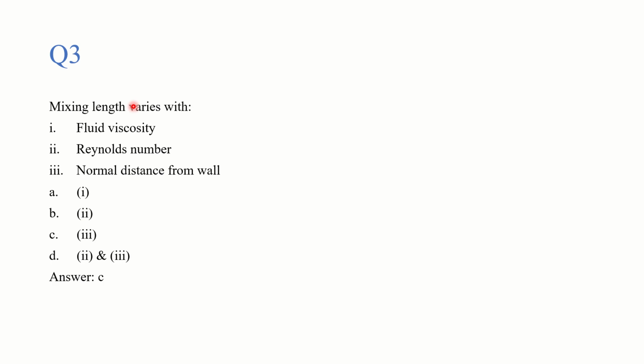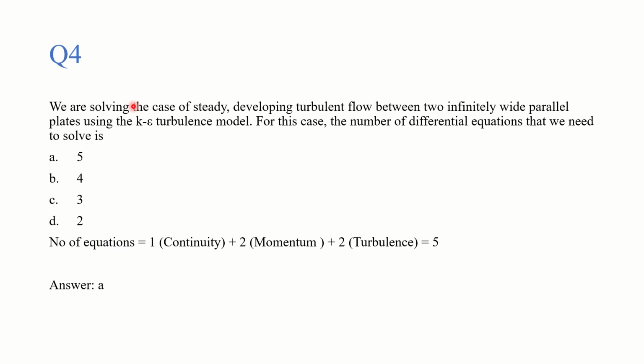Prandtl's mixing length is associated with the distance fluid particles travel before they mix with the surroundings, and it depends on the normal distance from the wall. For a steady developing turbulent flow between two infinitely wide parallel plates, we have one continuity equation, two momentum conservation equations, and two turbulence energy equations, adding up to 5.